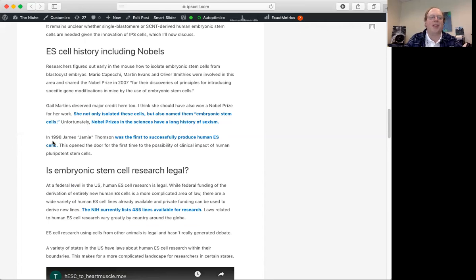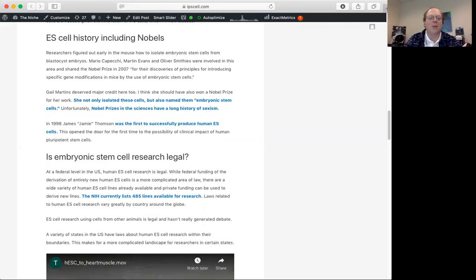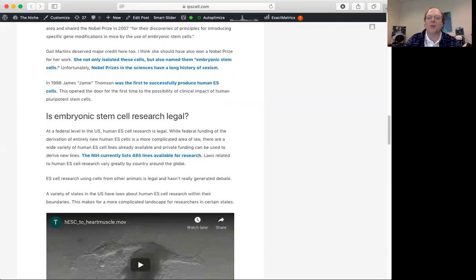So after the embryonic stem cell work was done in mouse in the early days, it was back in 1998 that Jamie Thomson was the first to successfully do this with human embryos and grow out human embryonic stem cells. And that's the history there with human embryonic stem cells, which are now more than 20 years old as a research field.